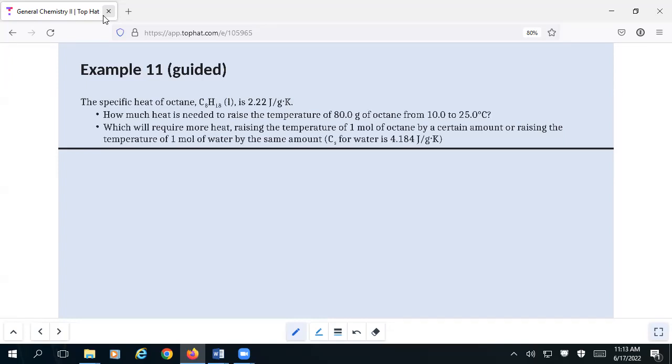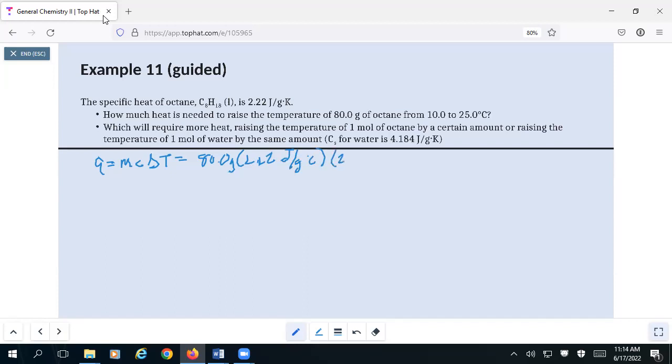First question, how much heat is required to raise the temperature of 80 grams of octane from 10 to 25 degrees Celsius? So for that question, Q is equal to MC delta T. Our mass is 80.0 grams. The specific heat we were given, 2.22 joules per gram degrees Celsius.